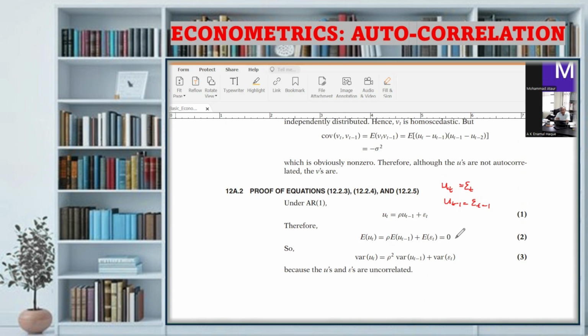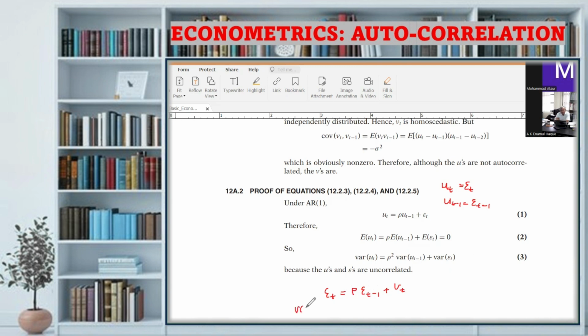If t is rho this, then t minus 1 will be rho square, and so on. It's difficult this way, so let me do it easily. We said epsilon t is equal to rho epsilon t minus 1 plus nu t.